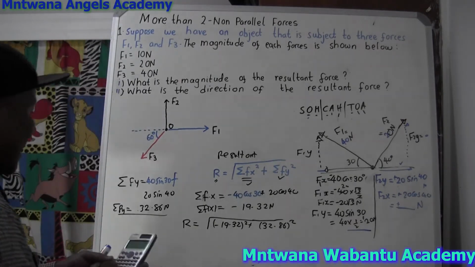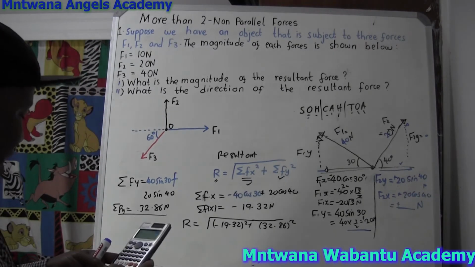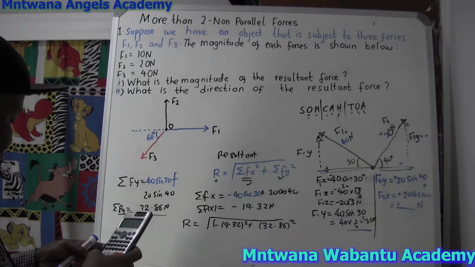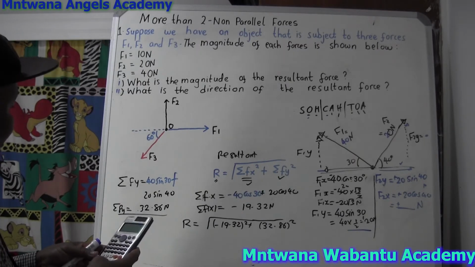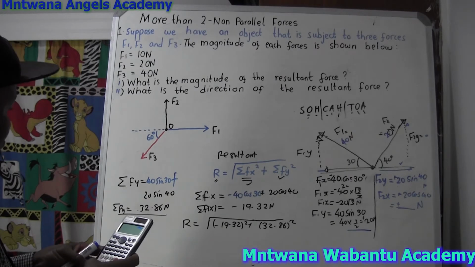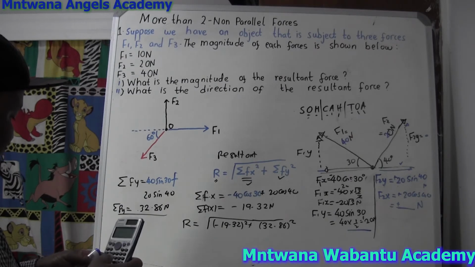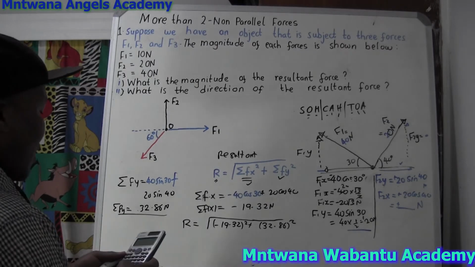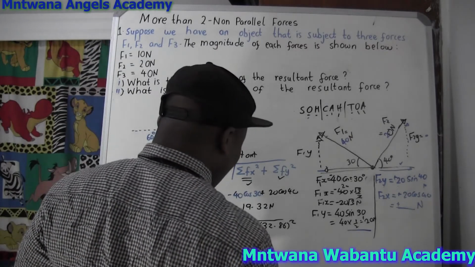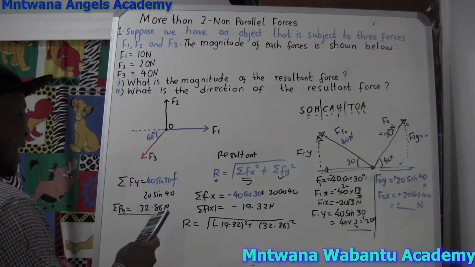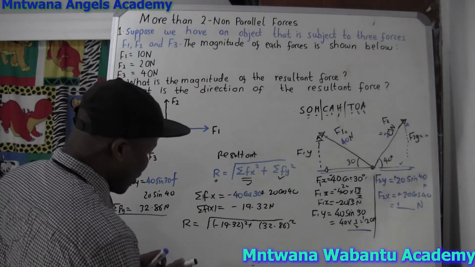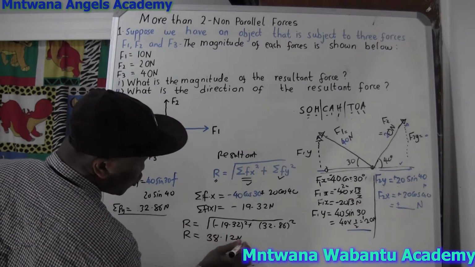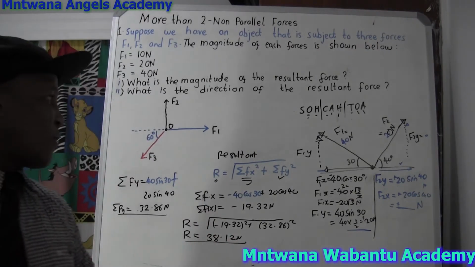So square root bracket, okay, negative 19.32 square, and then we plus bracket 32.86. Okay, 38.1118. So let's say 38.12 in approximation. So if you approximate, our resultant equal to 38.12 Newton. So you have already got the resultant for this one.